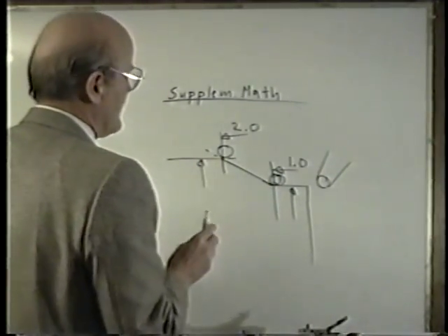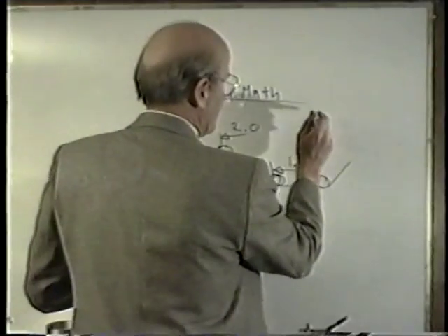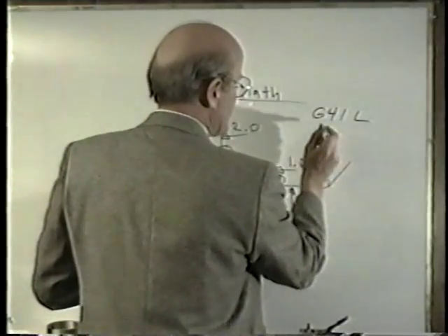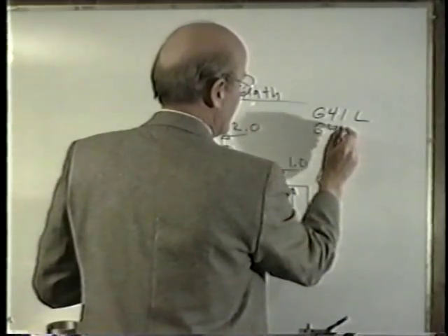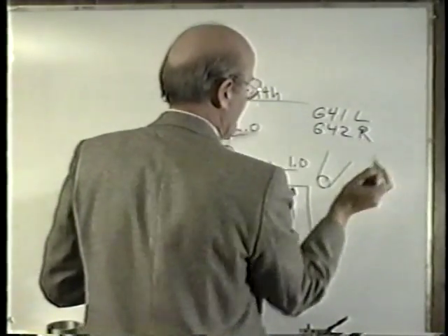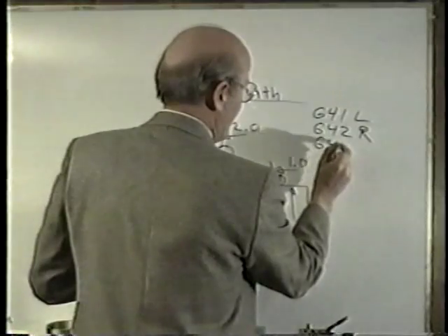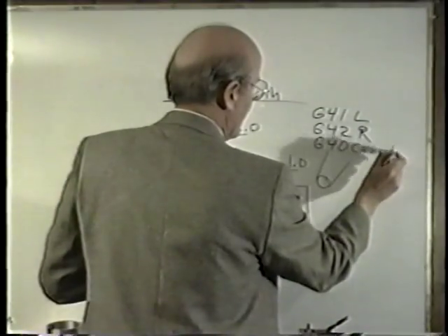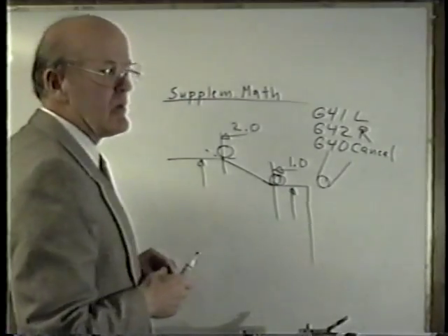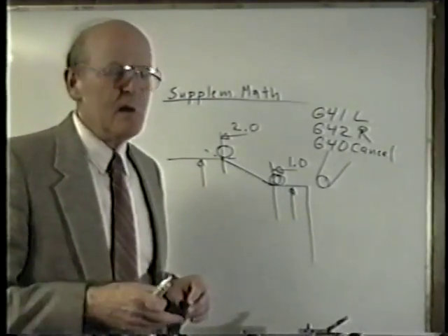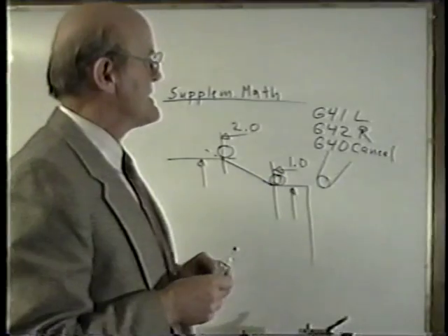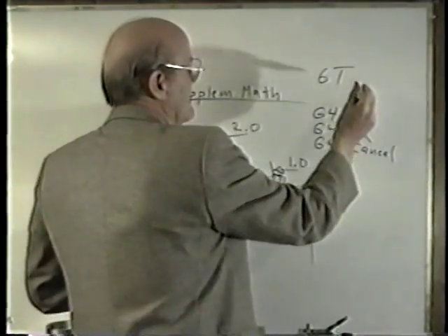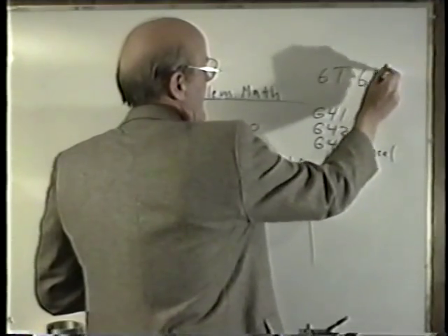But suppose we don't have that feature, and that feature is normally called G41 is compensation left, and G42 is compensation to the right, and G40 is cancel compensation. Now, this feature has been available since about 1980 on most of the Fanuc controls, since the advent of the 6 series control, the 6T control, or the 6M control.